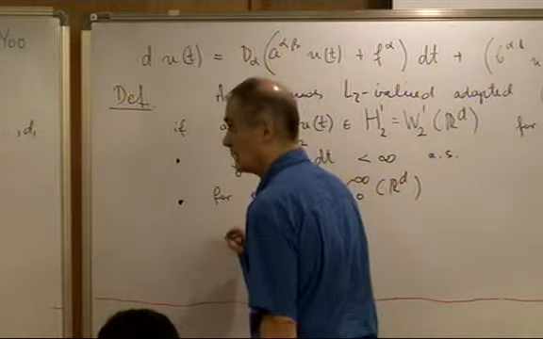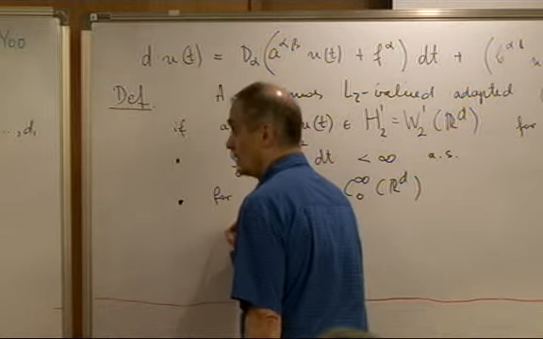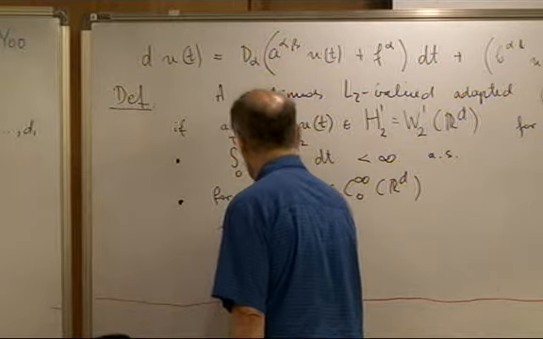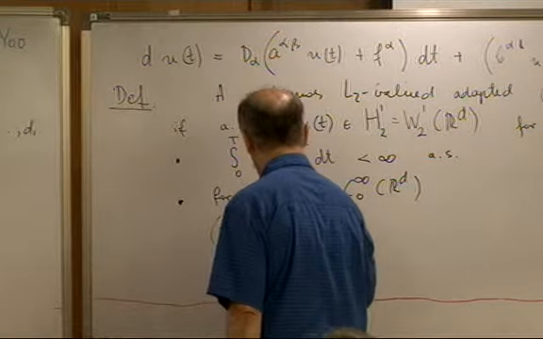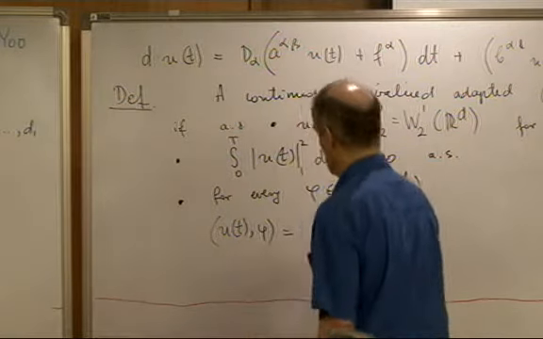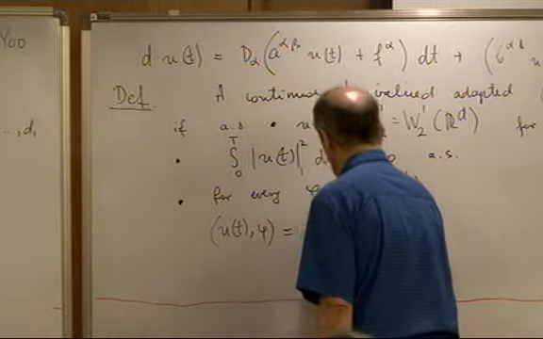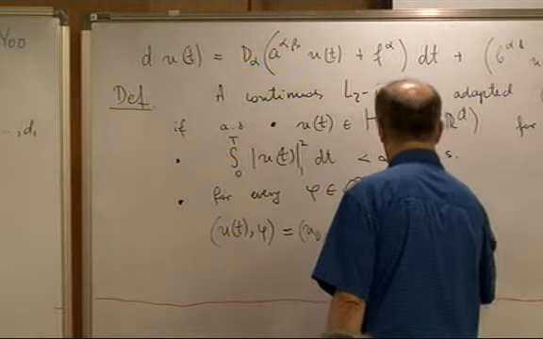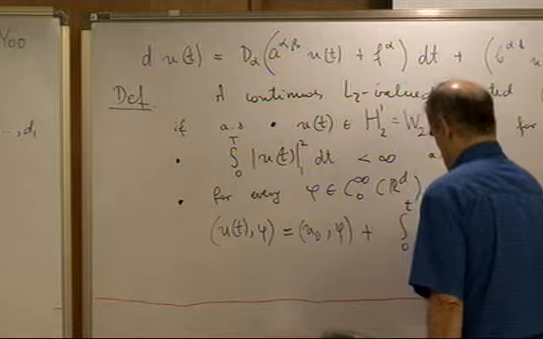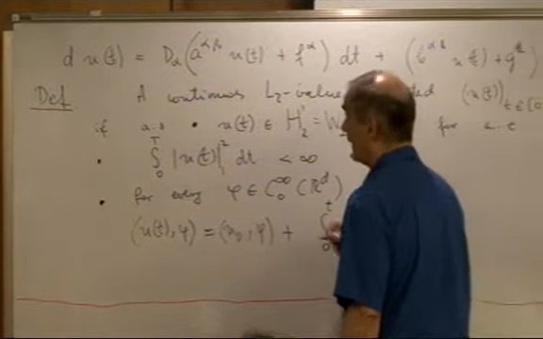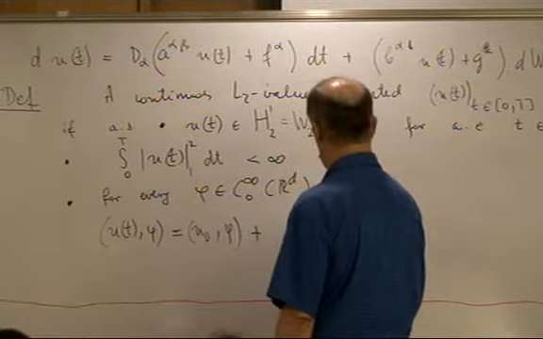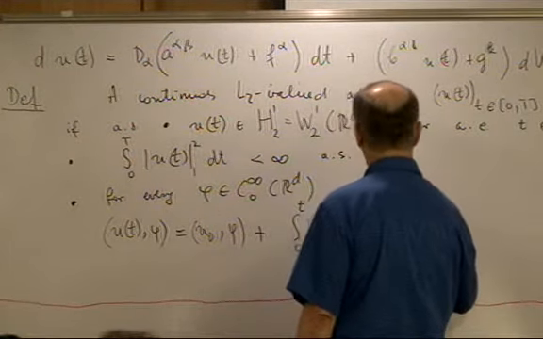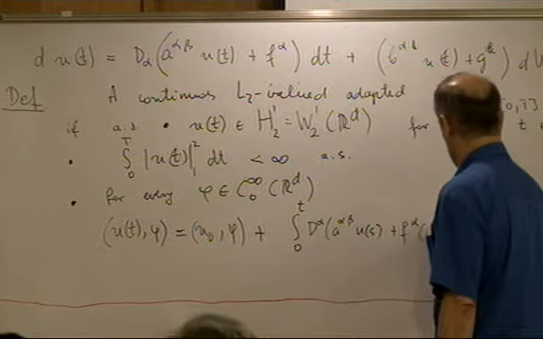the inner product of u_t with phi is the inner product of u_0 with phi plus the integral from 0 to t of d_alpha a^{alpha beta} d_beta u_s plus f^alpha_s.